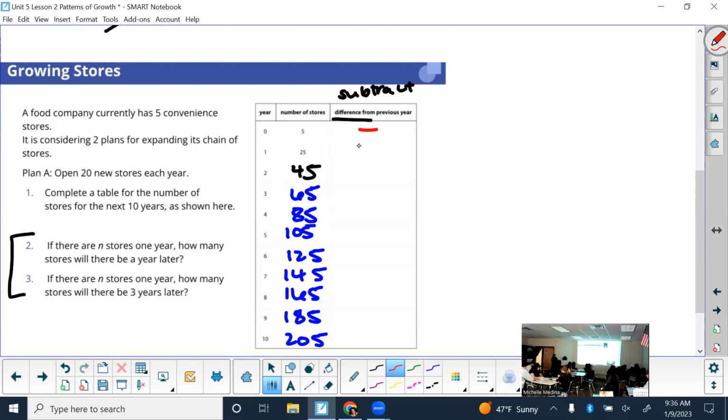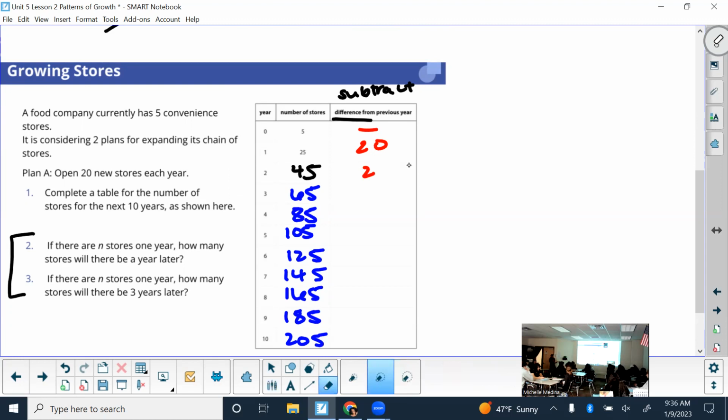Table 7, what's the difference from year 1 to year 0? Let's do guys, table 7, whoever the reporter. 20. Table 8, what's the difference from year 2 to 1? 40. Did you say 40?